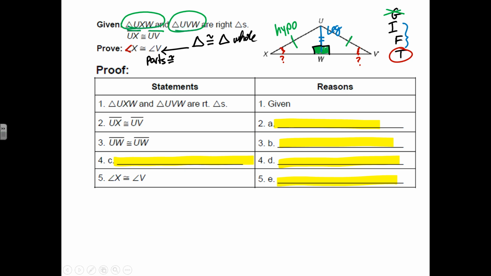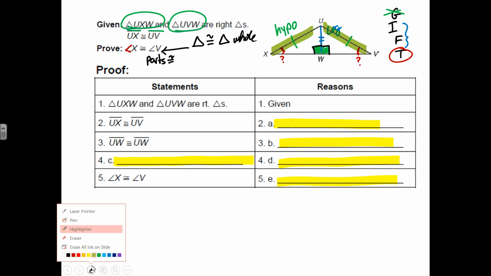So you ask yourself, how can you get the whole triangle congruent? It's pretty much spelled out for you if you look very carefully. We already have a pair of hypos, and then we have the leg. So the whole triangle is congruent by HL. Now we can fill out our proof.